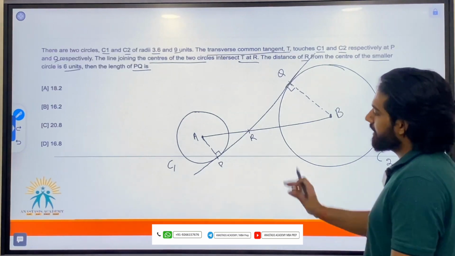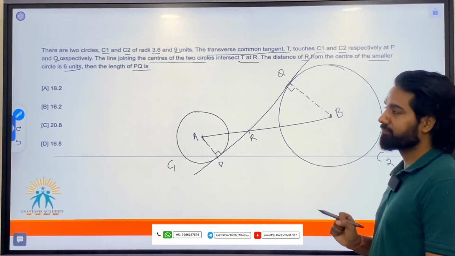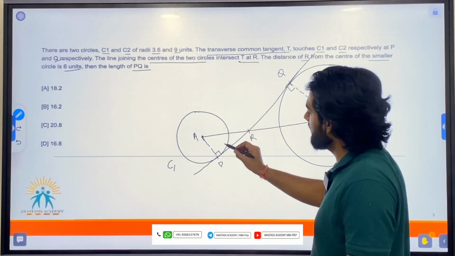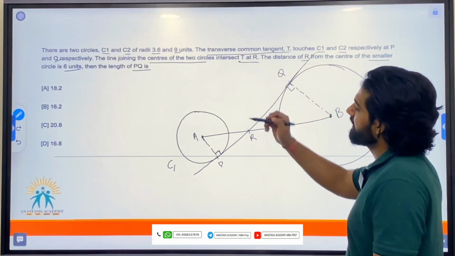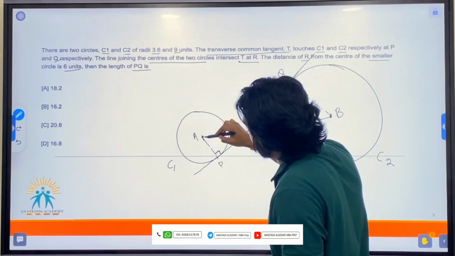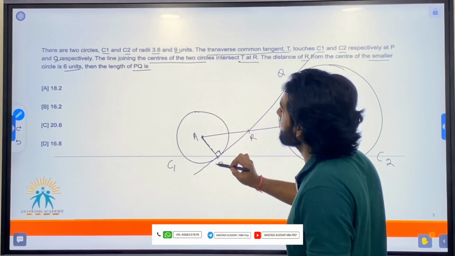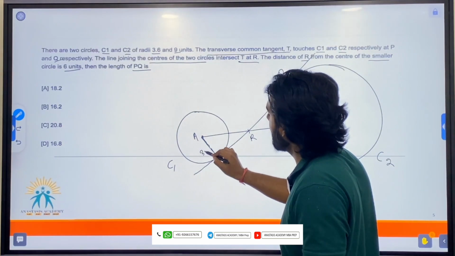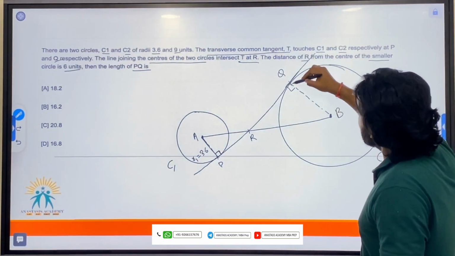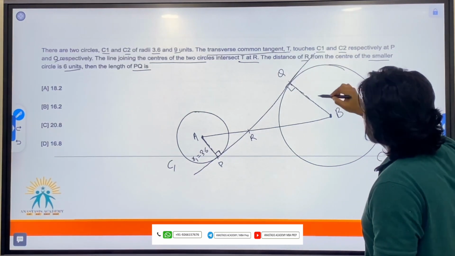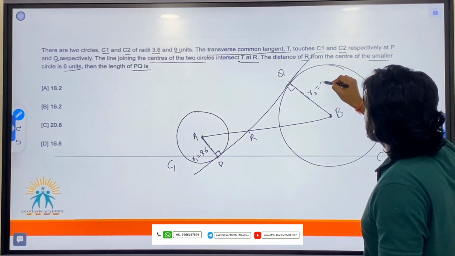Now there are two right angle triangles. The obvious thought that comes to mind is similarity, right? What is given? The radii. This length here is the radius of circle C1, which is 3.6, calling it R1. And this is the radius of circle C2, R2. It is given as 9 units.